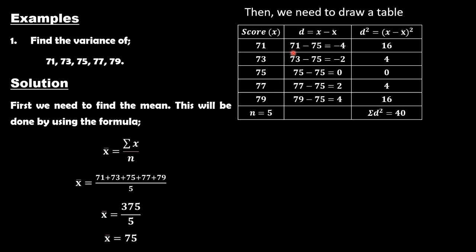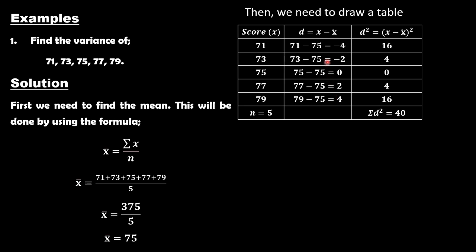So we have 71 minus 75 equals minus 4. 73 minus 75 equals minus 2. 75 minus 75 equals 0. 77 minus 75 equals 2. 79 minus 75 equals 4.